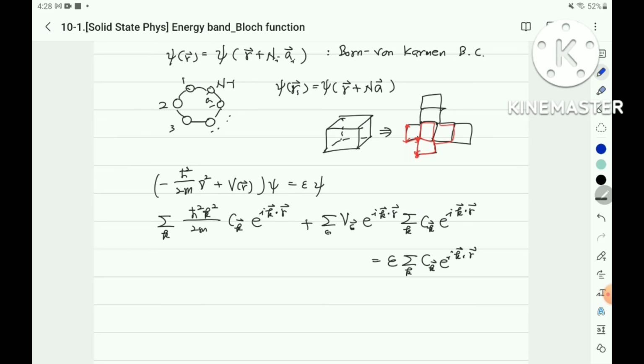Here let's consider this potential term. We call it star, and let's start from the star. It is the real space potential and psi.